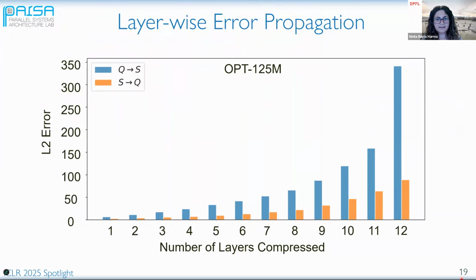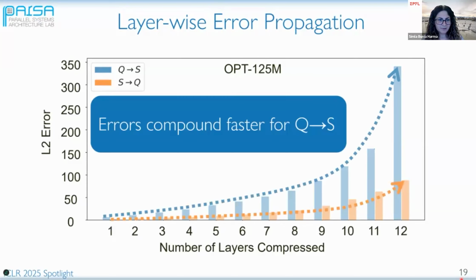We observe that the errors don't just stay isolated and they propagate through layers, becoming particularly severe in deeper network layers. This layer-wise propagation is much faster and more problematic when quantization precedes sparsity, which confirms our theoretical findings empirically.